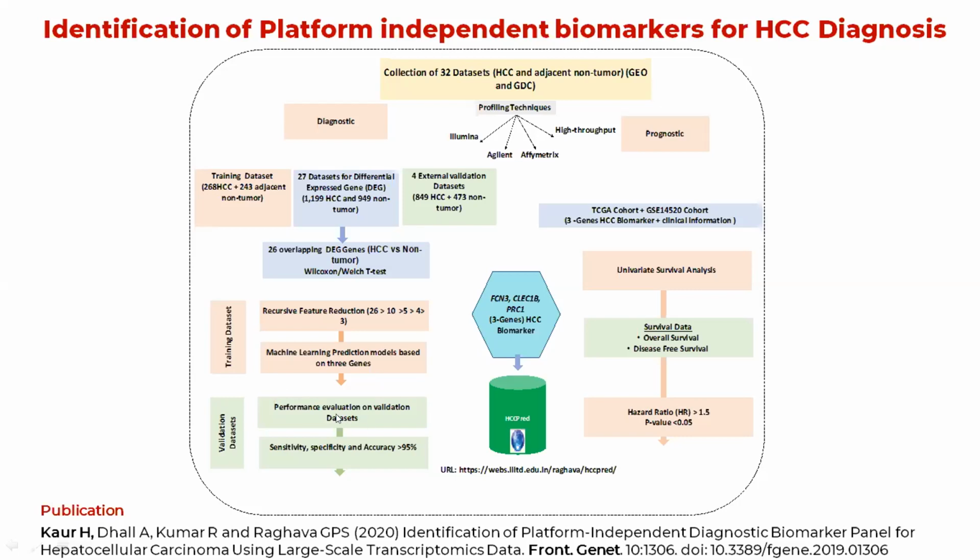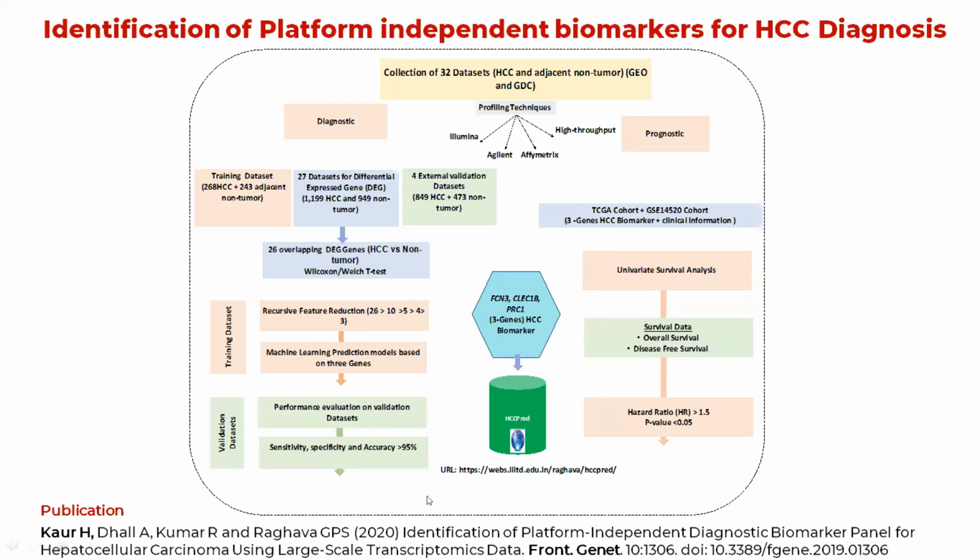The performance of the models based on these 3-gene signature is evaluated on all these 4 external validation cohorts. We have observed that the prediction model based on these 3 genes is able to discriminate HCC and normal samples with an accuracy of nearly 97%, and sensitivity and specificity are more than 90% in each of the datasets, in the training as well as external validation cohorts.